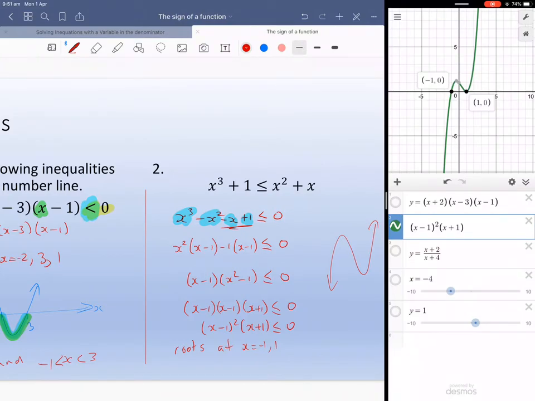Now, when is this less than or equal to 0? Oh, it's only in this bottom region here. I can't draw in Desmos, so sorry.